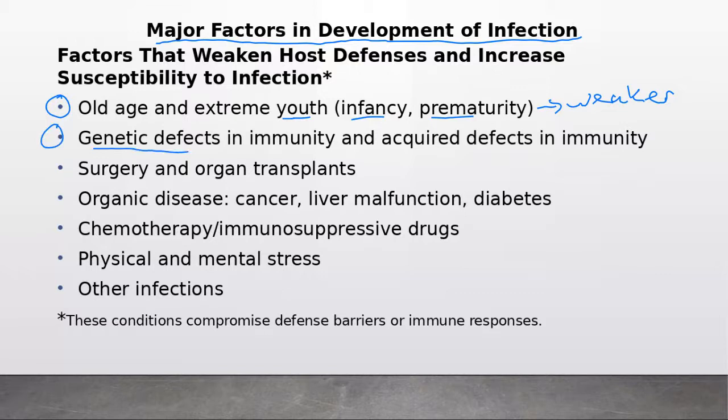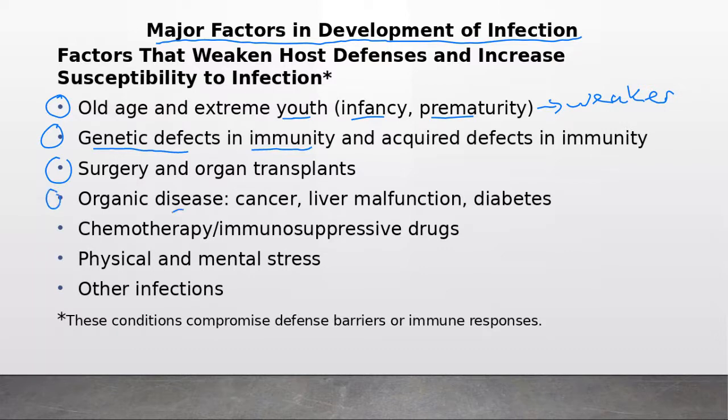Genetic defects in immunity, okay, like people with AIDS, for example, AIDS people usually will have a higher risk of getting infection. Surgery and organ transplant can also increase the risk of getting infection.